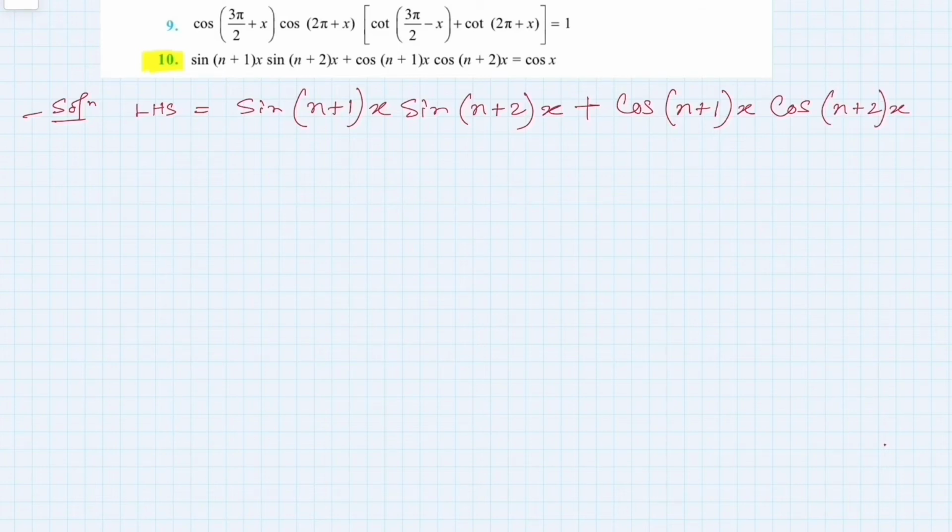Now consider this angle as A and this angle as B. Okay, so here also this is A and this is B, suppose.